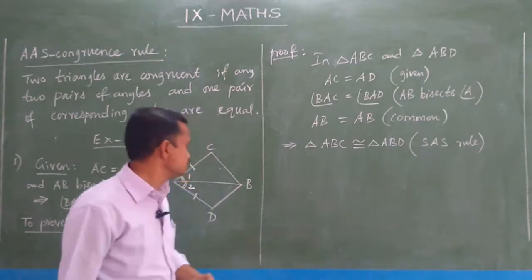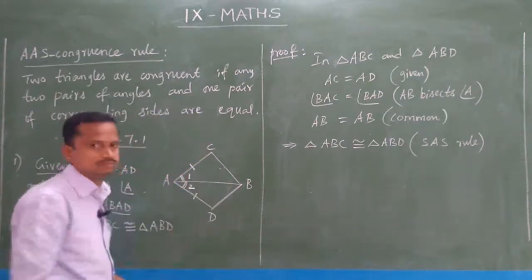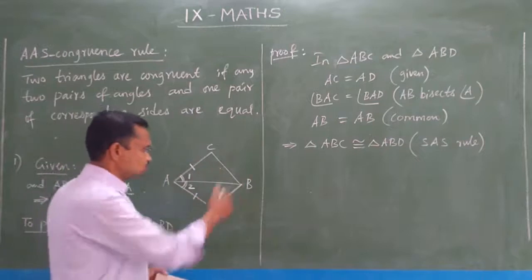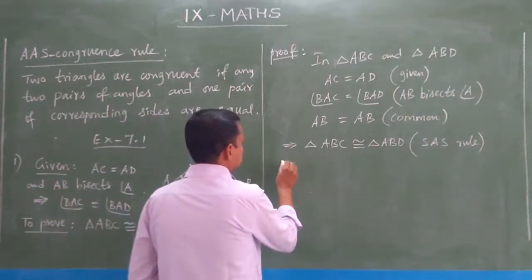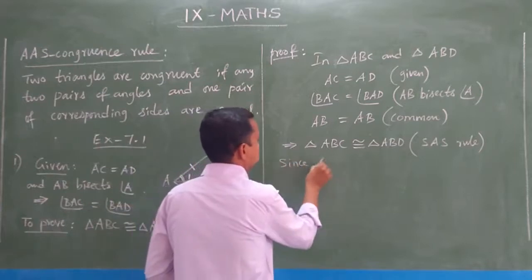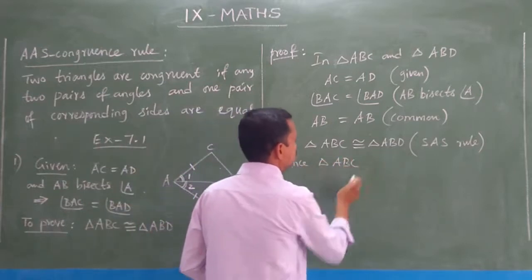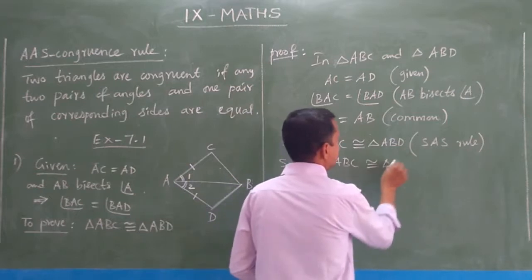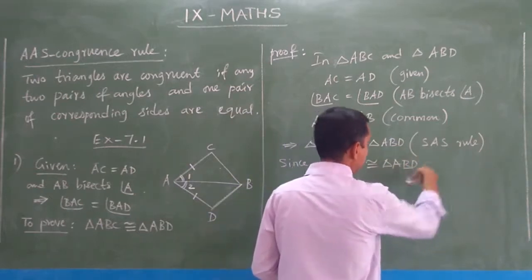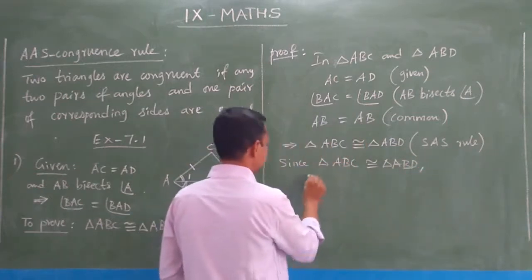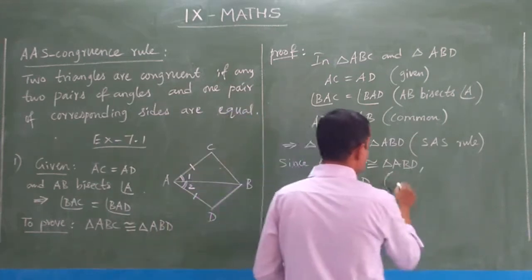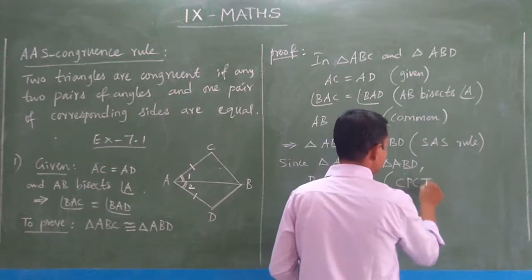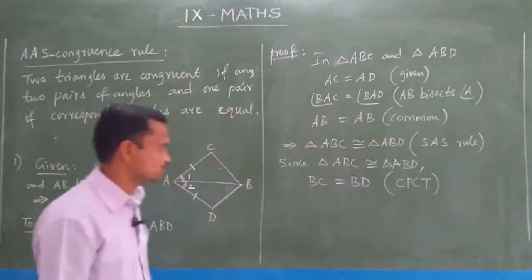So now we need these two sides, BC and BD. They are asking, what about BC and BD? Since triangle ABC is congruent to triangle ABD, BC is equal to BD, by CPCT. The reason is CPCT, corresponding parts of congruent triangles.